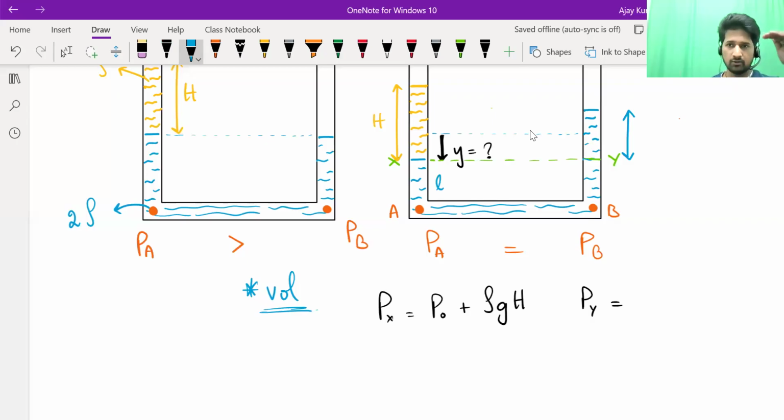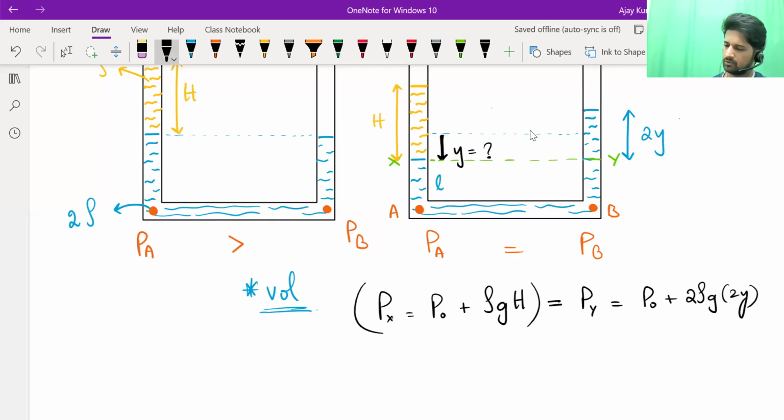If the blue liquid on one side goes down by a height y, then the other side will rise by a height y. So this total height is 2y. So pressure at y will be P naught plus its density, the density of the blue liquid is 2 rho, g, and the depth there is 2y. Equate these two now. Pressure at x must be equal to pressure at y. P naught gets cancelled, rho g also gets cancelled. You will get H is equal to 4y, or y is equal to H by 4. Good.